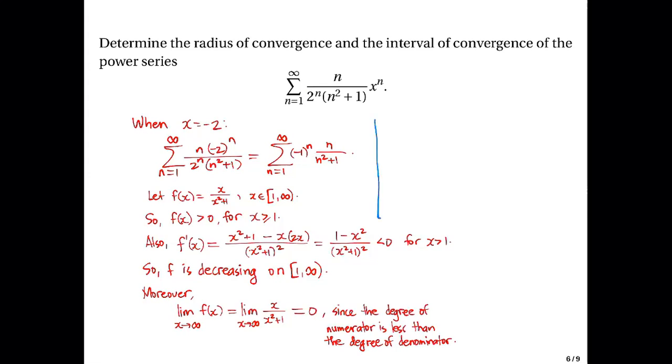Therefore, by alternating series test, this series here is convergent. The series (-1) to the n over n squared plus 1, from n equals 1 up to plus infinity, is convergent.